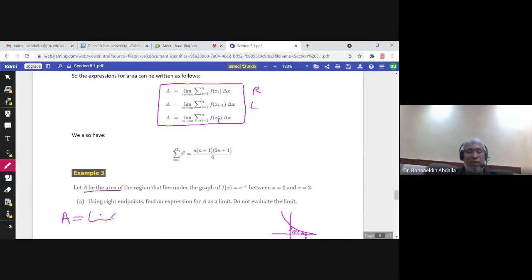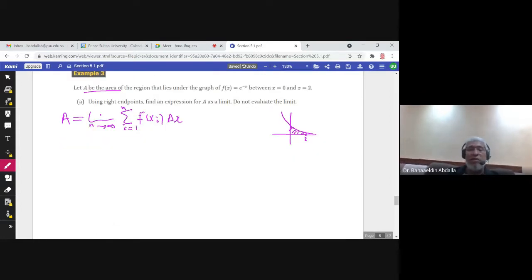You need to memorize these formulas. It is the limit as n goes to infinity of the summation i from 1 to n of f of xi times delta x. So this is what we need to write, using right endpoints.